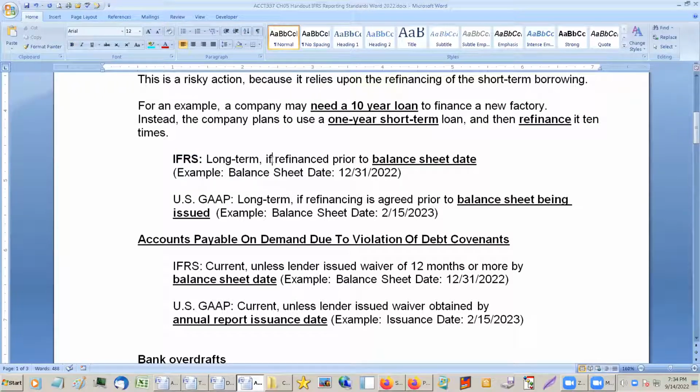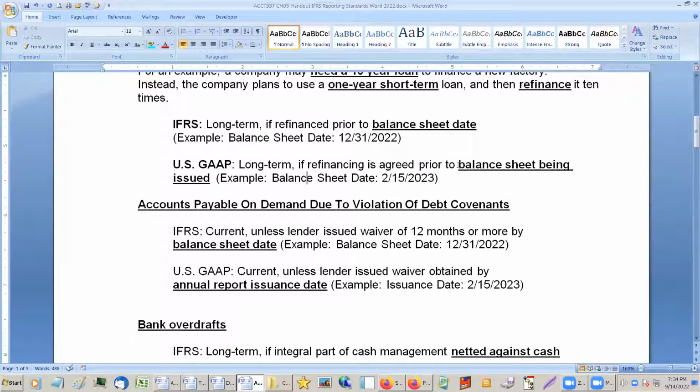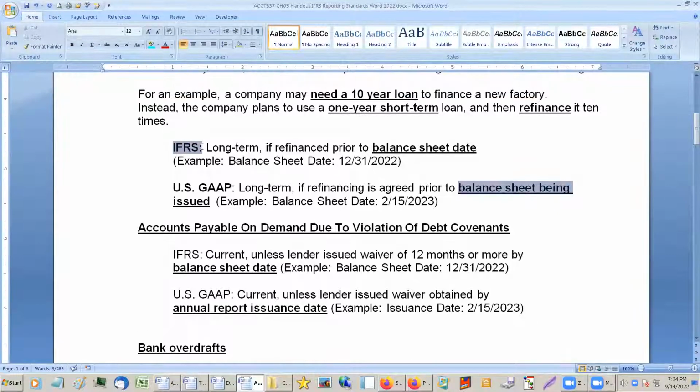are this: refinancing must be done and completed in writing by the balance sheet date. The GAAP rules are a little bit more lenient, and I'll show you why. If you do it prior to the balance sheet being issued. So for IFRS, it's by the balance sheet date.